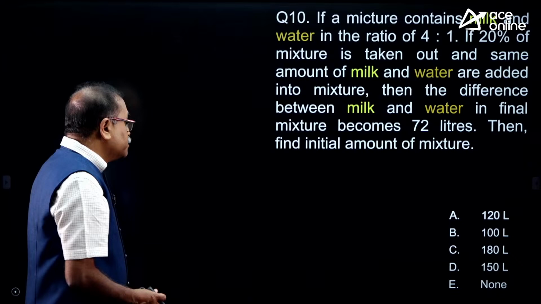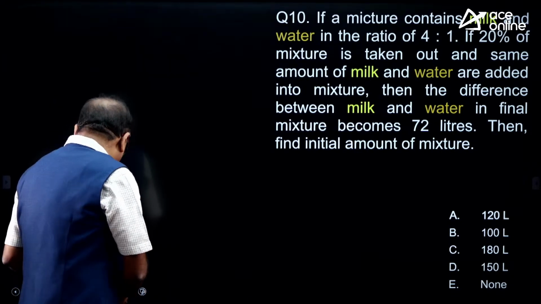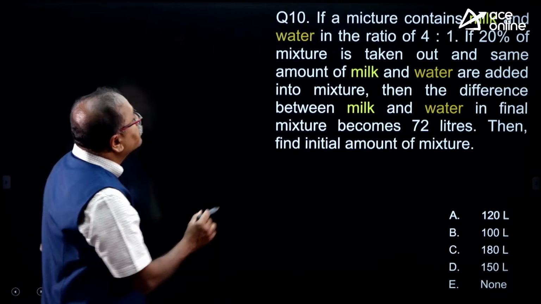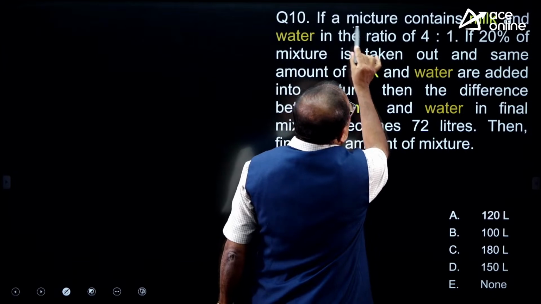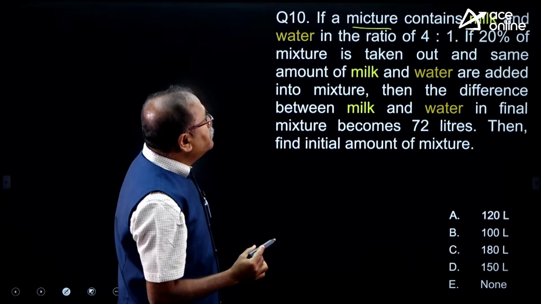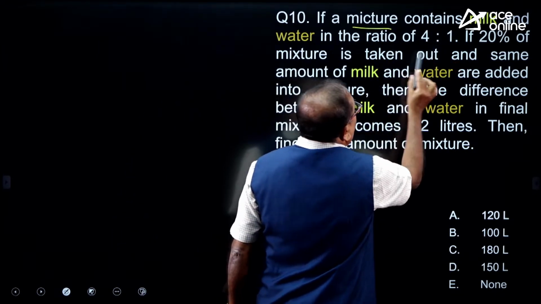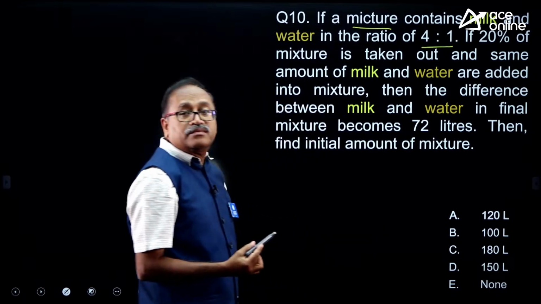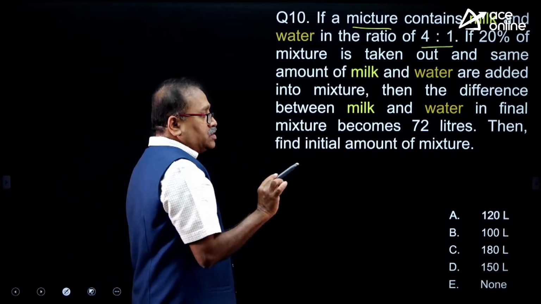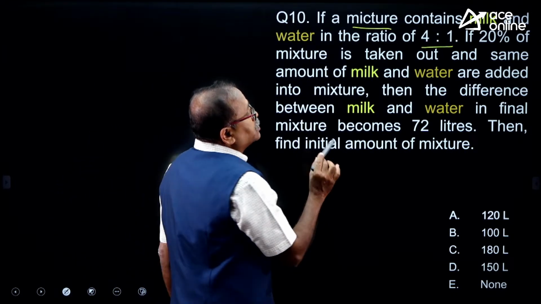Look at this question. What do I need to do over here? A mixture, this is a mixture. If a mixture contains milk and water in the ratio of 4:1, okay, it's very clear, the ratio is 4:1.